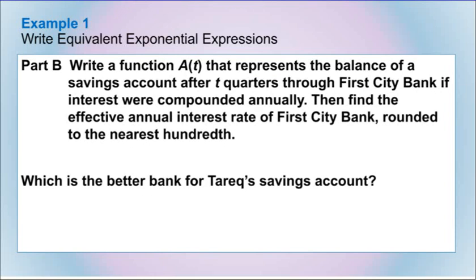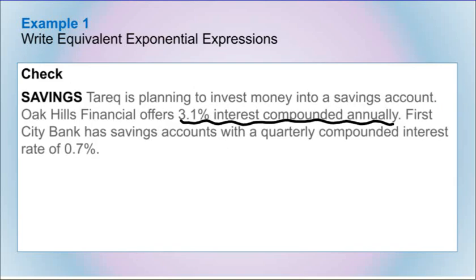Part B says write a function A of t that represents the balance of a savings account after t quarters through First City Bank if interest were compounded annually. Then find the effective annual interest rate of First City Bank rounded to the nearest 100th, so 2 decimal places. If I go back to the original problem here, First City Bank had an interest rate of 0.7. That was compounded quarterly, so that was 4 times a year.